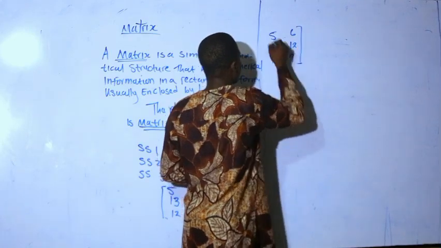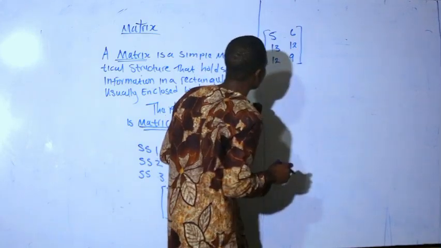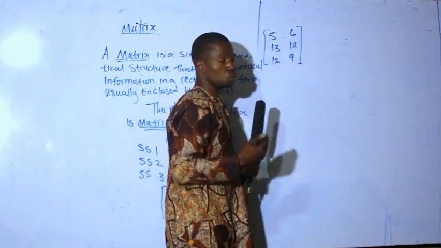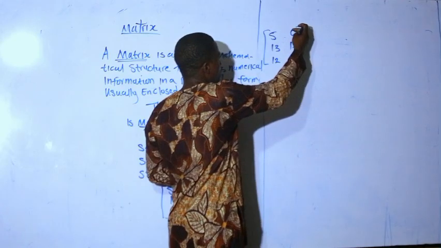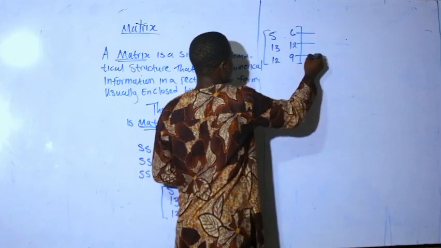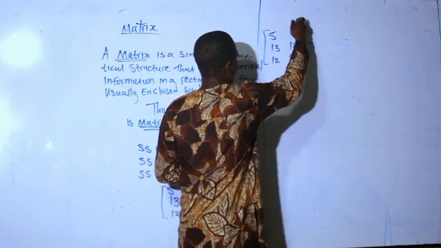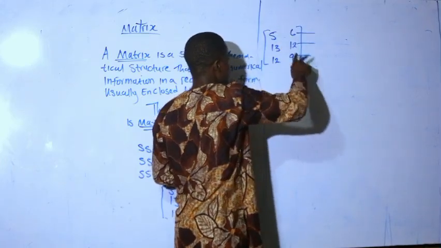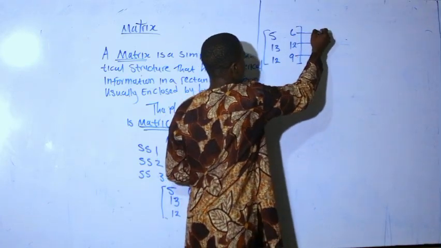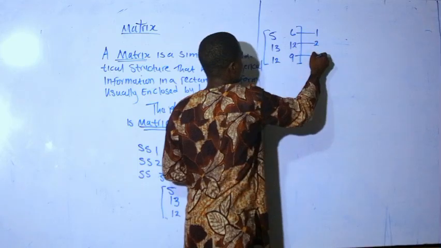When we look at this, we have column, we have row. When you are naming like this, this is the first, second, third.